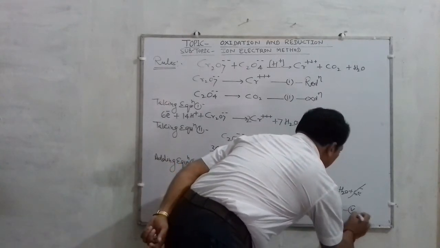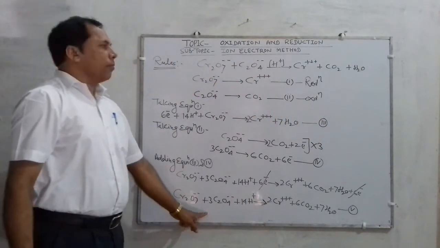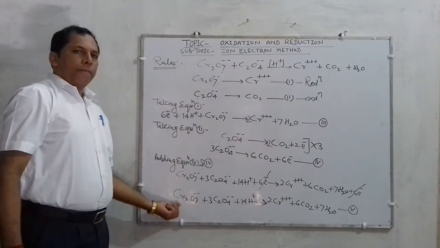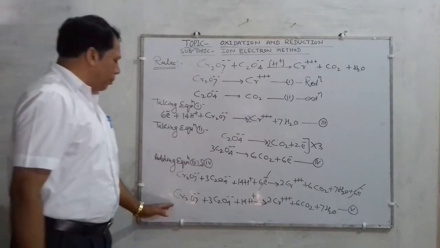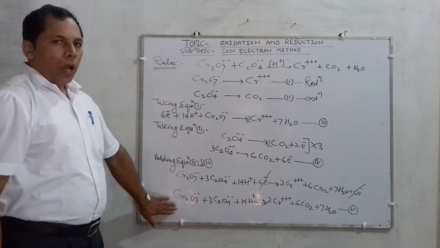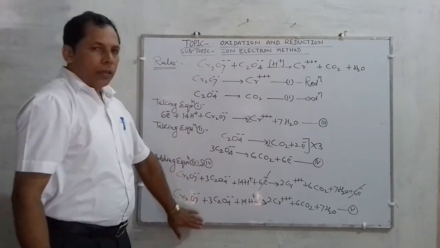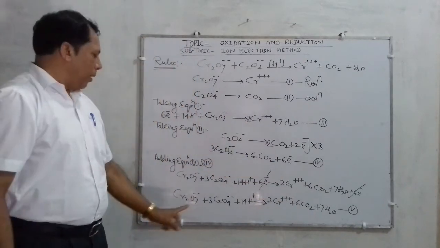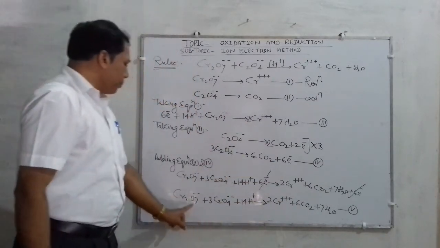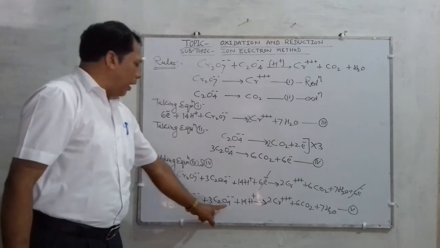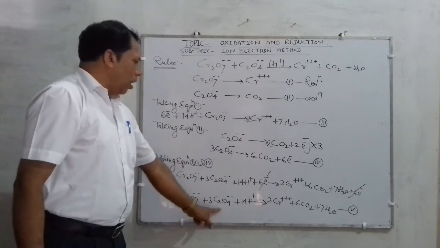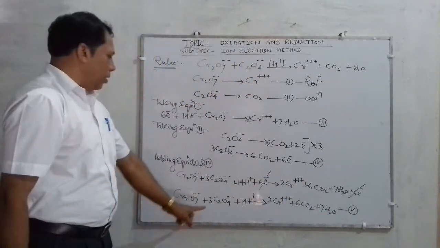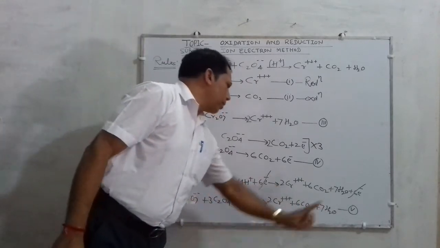So equation number 5 is the balanced chemical reaction for this given reaction, and you can prove why it is balanced. By maintaining that all the atoms present in the reactants should be equal to all the atoms present in the products, including charges. So 2 chromium, and oxygen: 12 and 7, 19 are there. 14 hydrogen, there is 14 hydrogen.